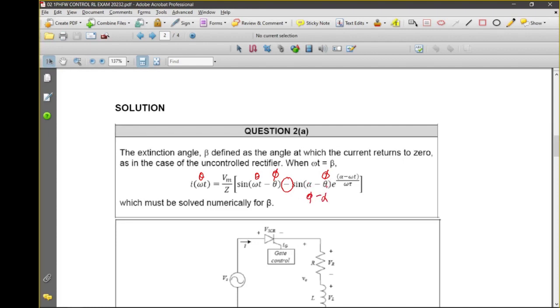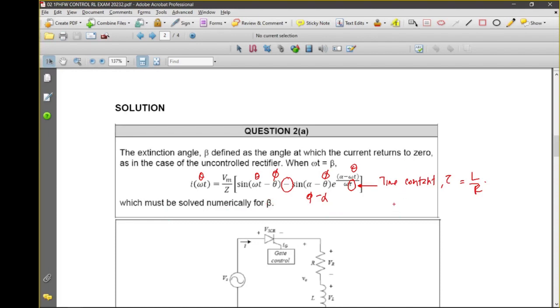This is a similar equation, and here we have alpha minus theta again, and we have the tau, isn't it? The tau is the time constant, so the time constant tau equals L over R. This is the same equation. You can write the equation from the monograph, no worries, it will be accepted. This must be solved numerically for beta.